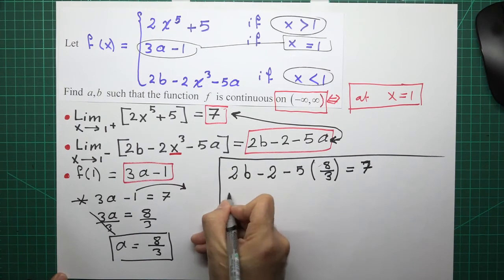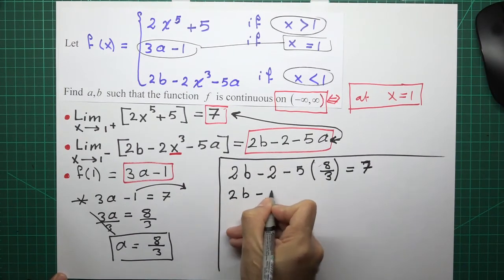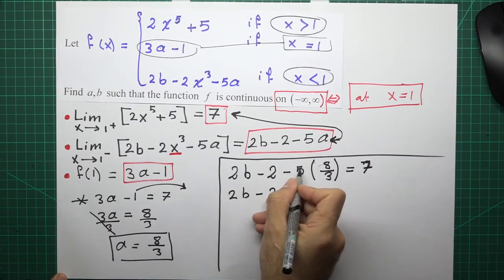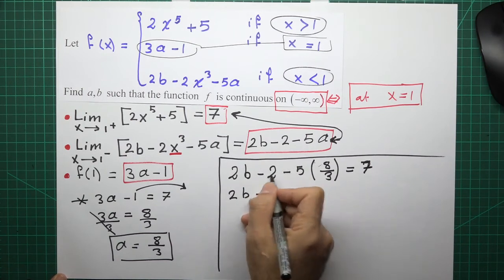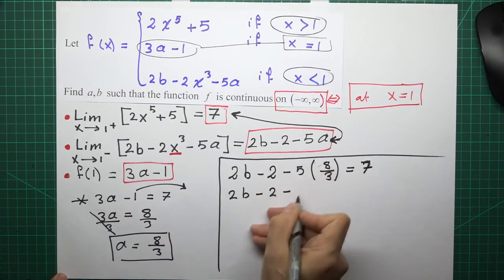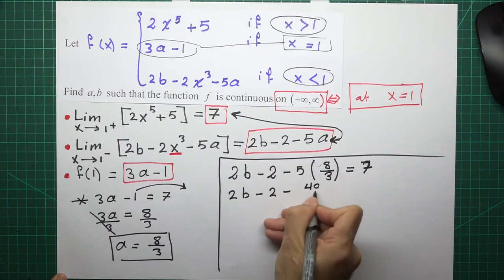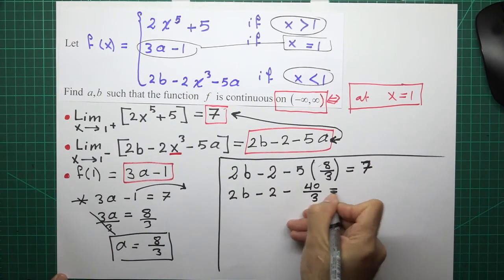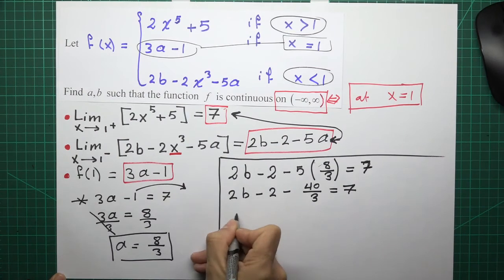Simplify شوي، عندي 2b minus 2 minus، we cannot add this to this or subtract. We have to multiply 5 by 8، 40 over 3 equals 7.